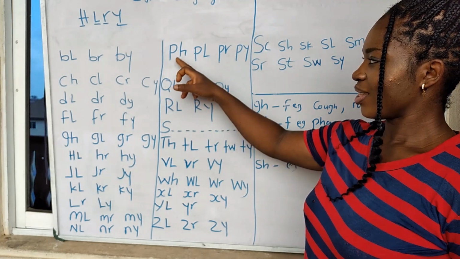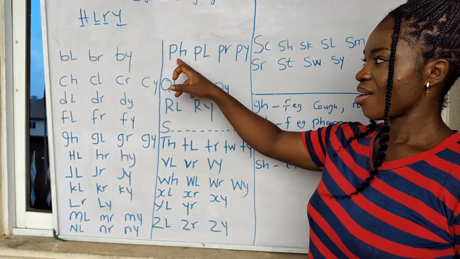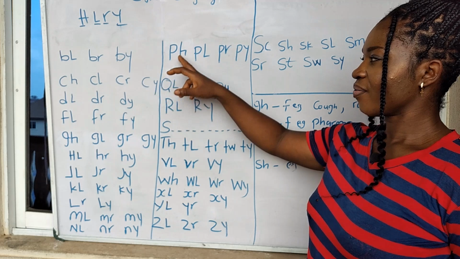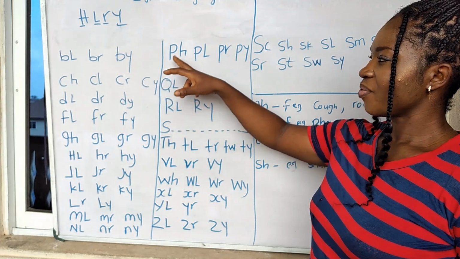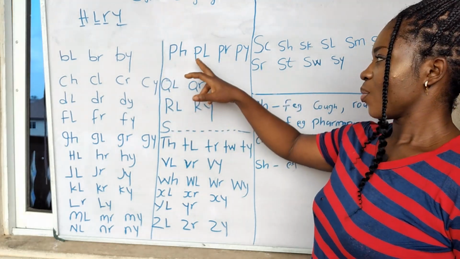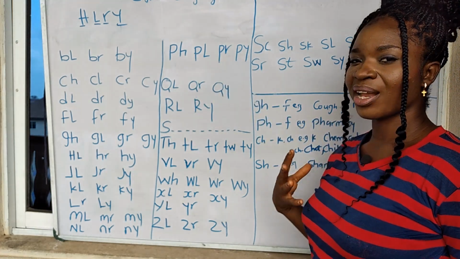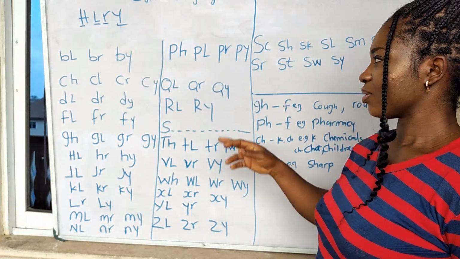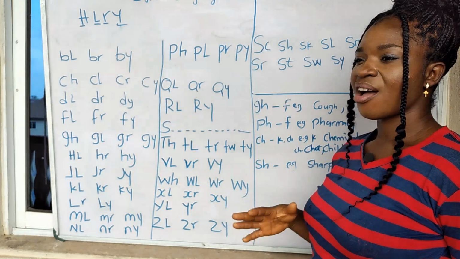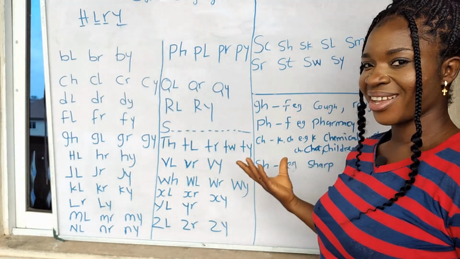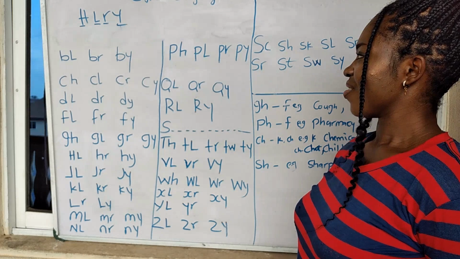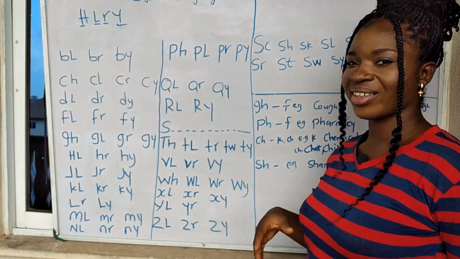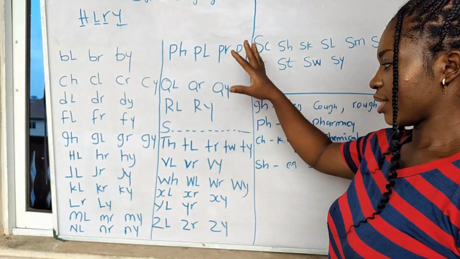We have these ones here, the PH. We have philosophy, physical, phenomenal and all that. We have PL: plan, plain and all. We have PR: prolong and the rest. We have PY: psychology. Okay, and all that.